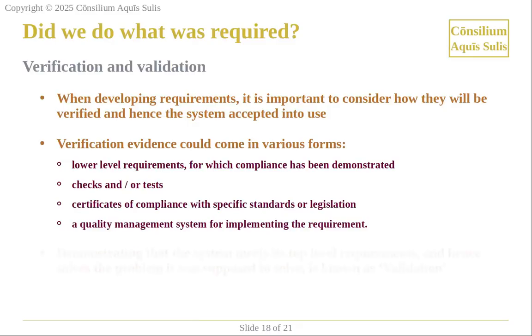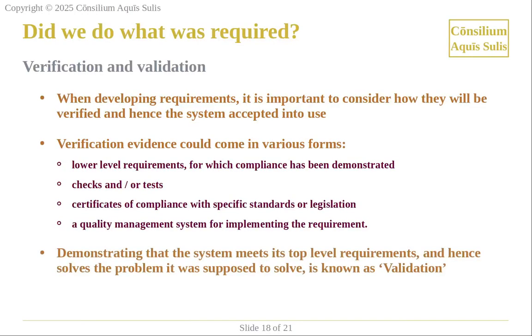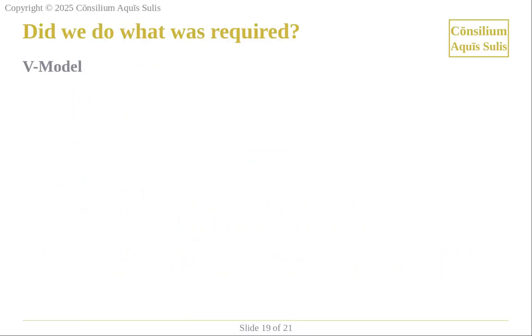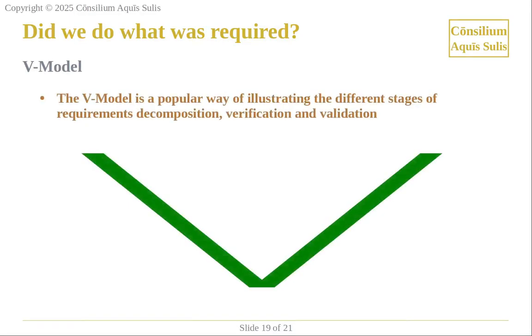Demonstrating that the system meets its top-level requirements and hence solves the problem it was supposed to solve, is known as validation. The V-model is a popular way of illustrating the different stages of requirements decomposition, verification, and validation.